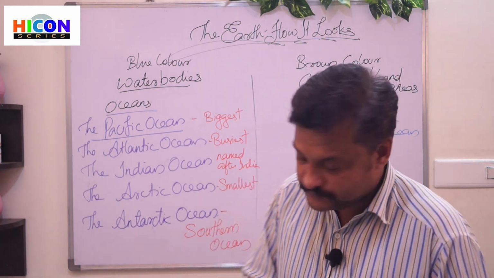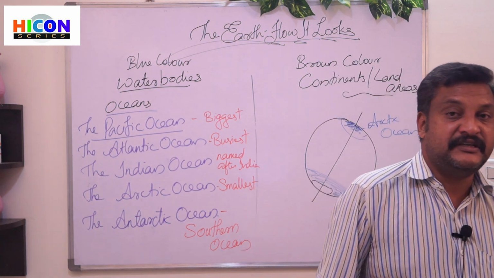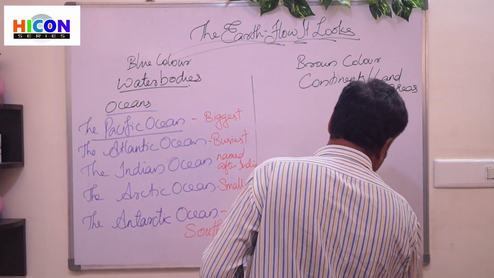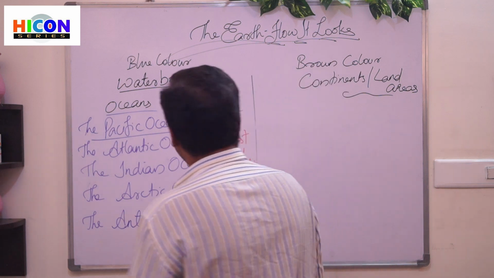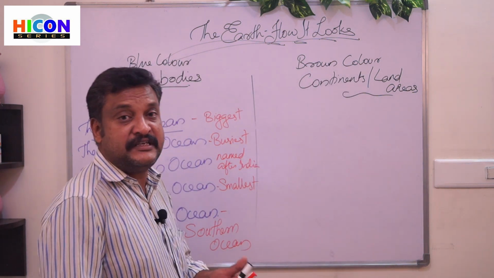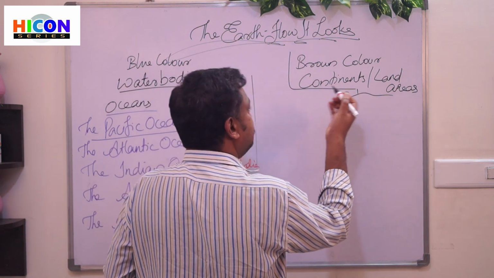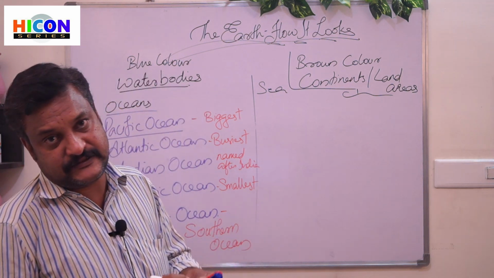Clear? Now, we have another concept there, seas. Seas and oceans are the 2 major parts of the water bodies, isn't it? Yes. So this we will discuss later. Now we will talk about seas.